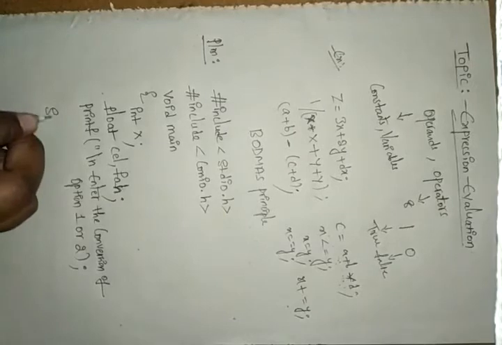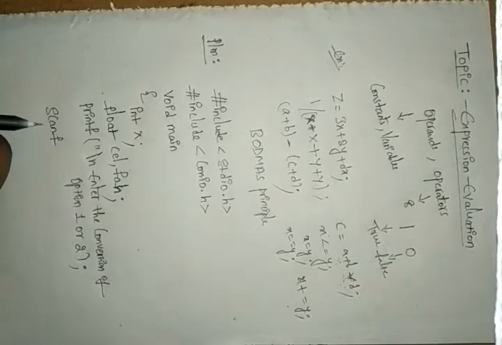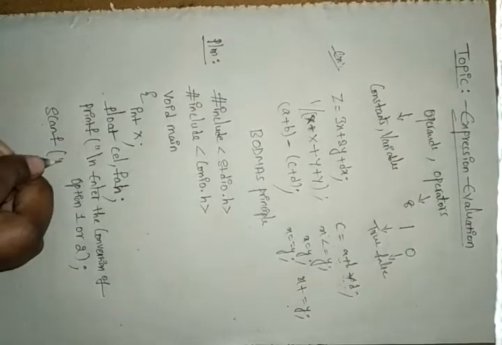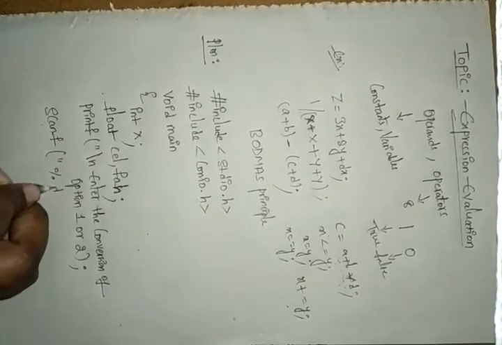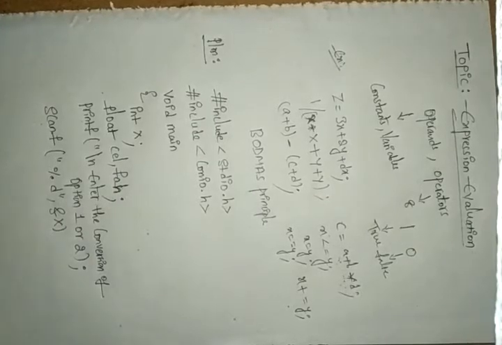Next you have to write the scanf. Your printf is for output, your scanf is for reading the input. Whatever you give as input is read by scanf. Percent d, ampersand sign x.